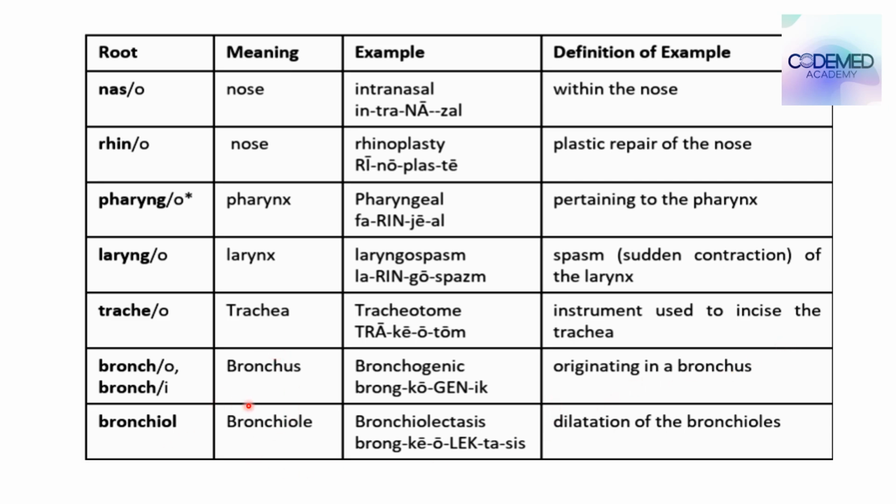Then broncho is a bronchus: bronchogenic, that is originating in the bronchus, or bronchoscopy or bronchodilator. Then the bronchioles, that is bronchiolectasis, a dilation of the bronchioles. So these are some important terminology I have covered here. Just go through.